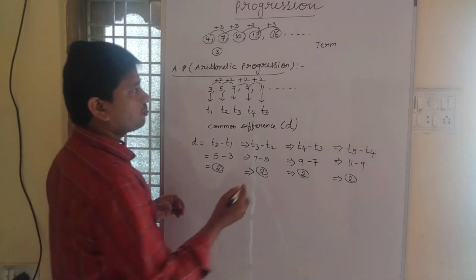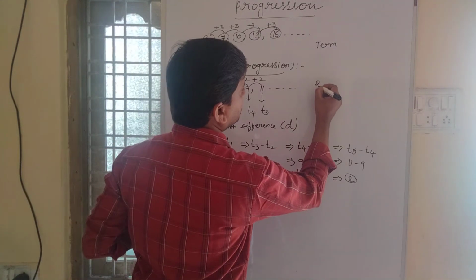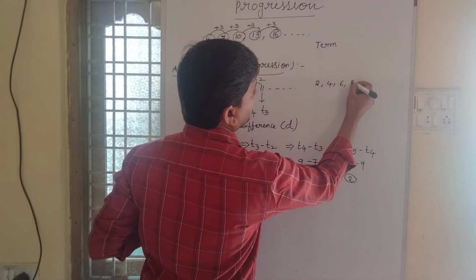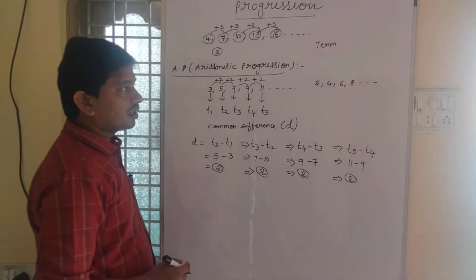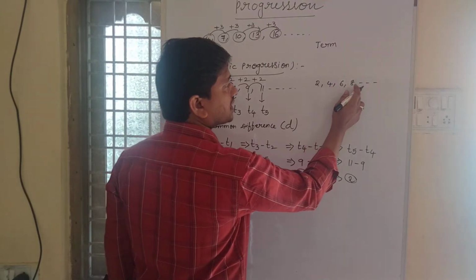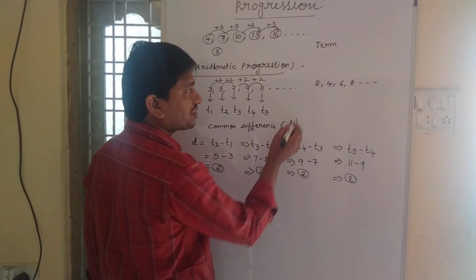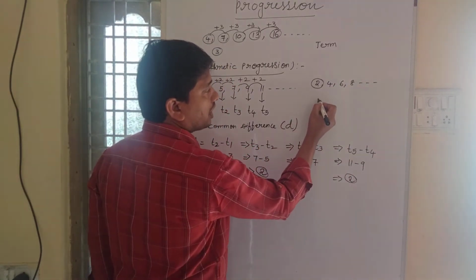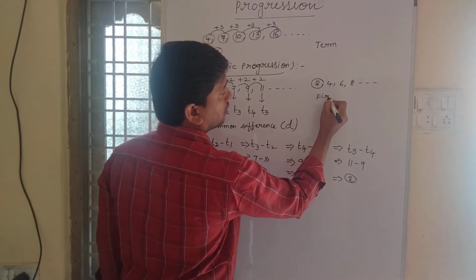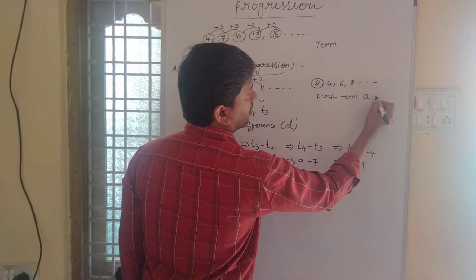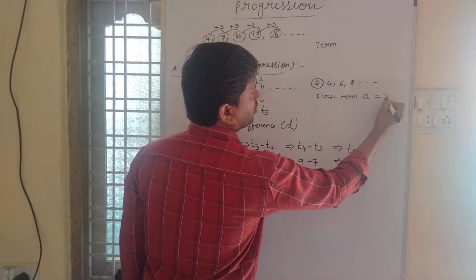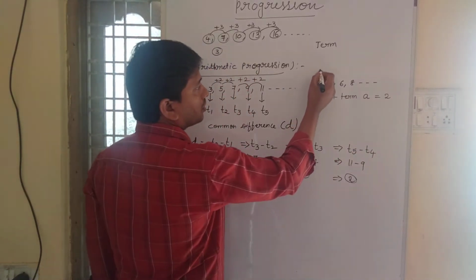Okay, consider one more sequence. Can you say, is the given sequence in arithmetic progression? Yes. If you observe this sequence 2, 4, 6, 8 and so on, in which 2 is called our first term, it is represented by the letter A, which is equal to 2, right?